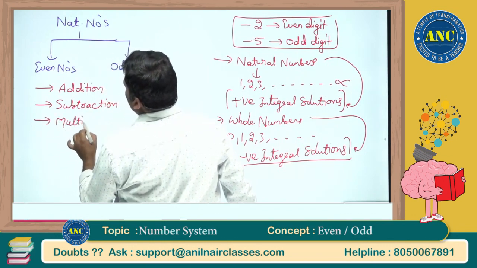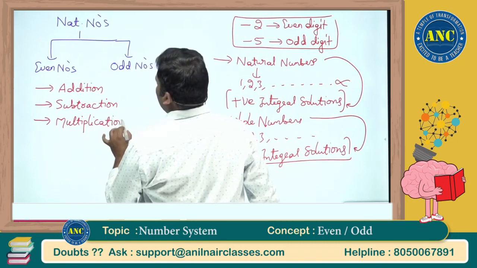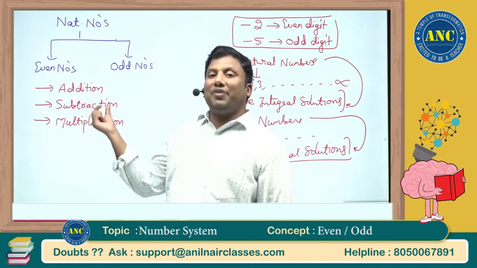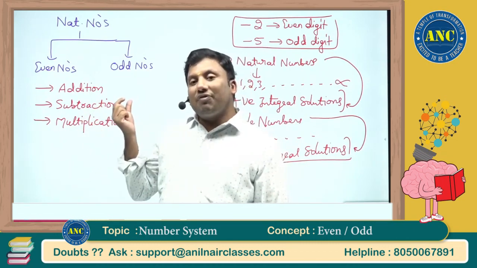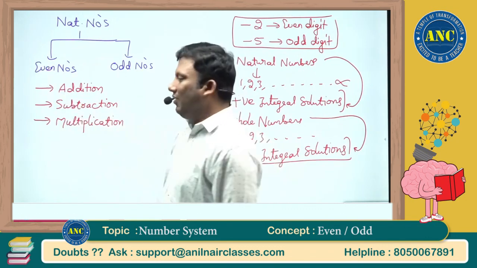These are some of the mathematical operations that can be performed. I cannot do division, because if I do division, I will get it in the form of numerator by denominator, for which I will enter into rational numbers.